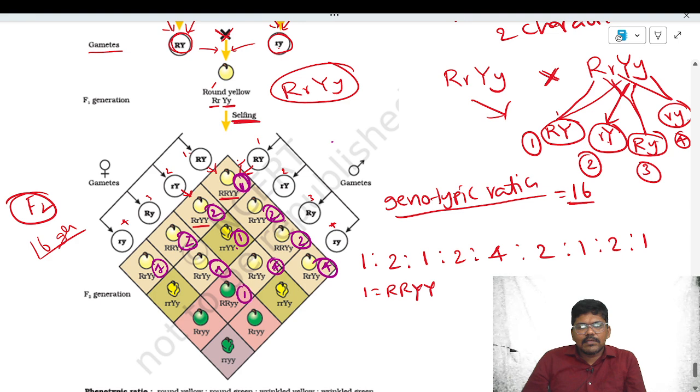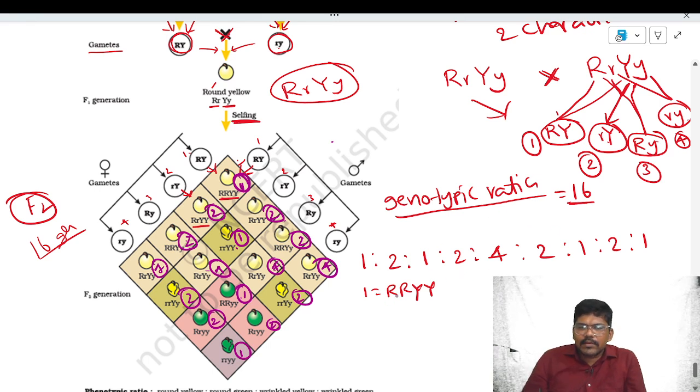Sorry, 1. This is the 1. 1 is to 2 is to 1 is to 2 is to 1 is to 2 is to 4 is to 2. 2 is to 1 is to again 2 is to 1.